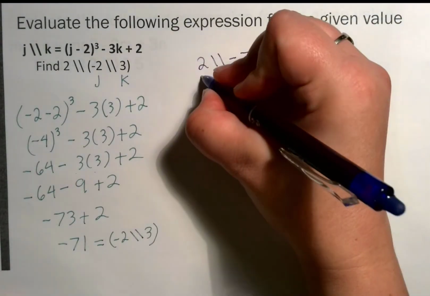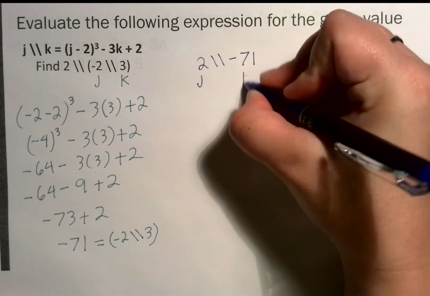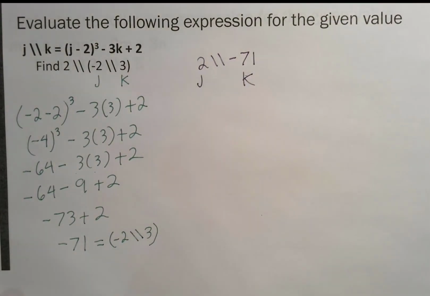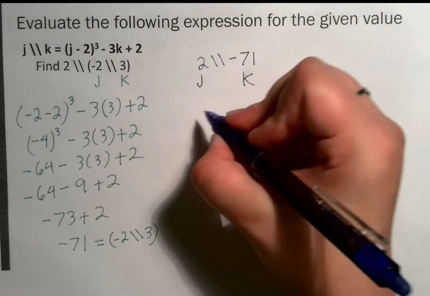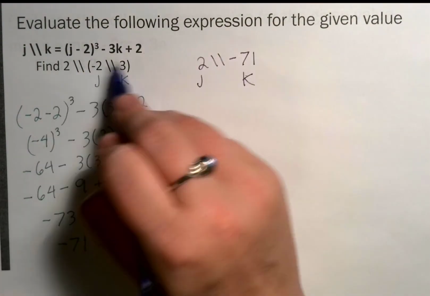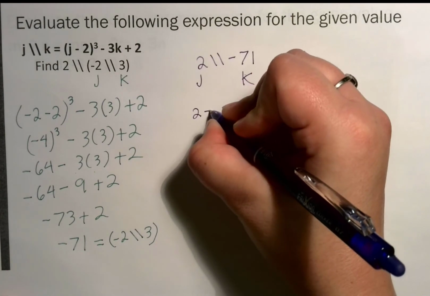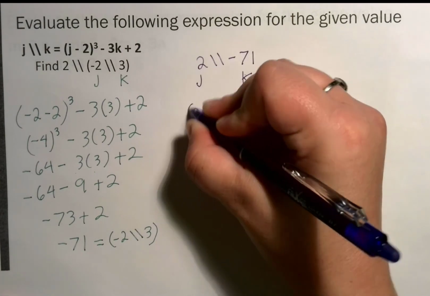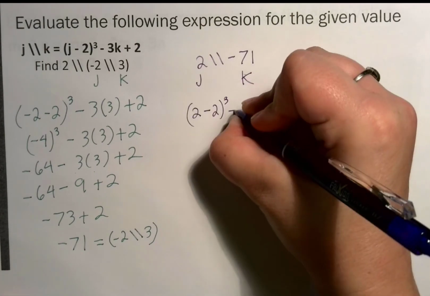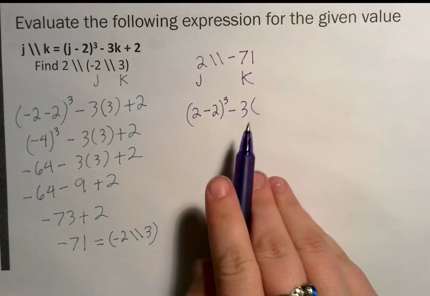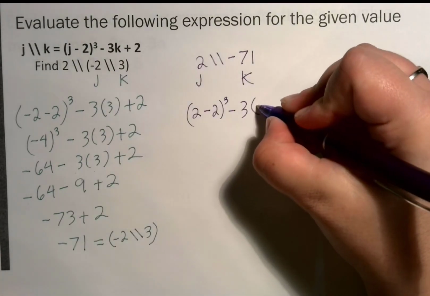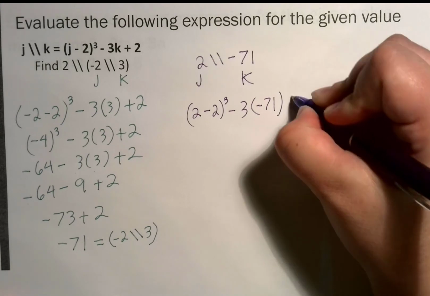Now 2 is my J, and negative 71 is my K. So we're just going to plug in again. We've got 2 minus 2, cubed, minus 3 times our K, which is negative 71, plus 2.